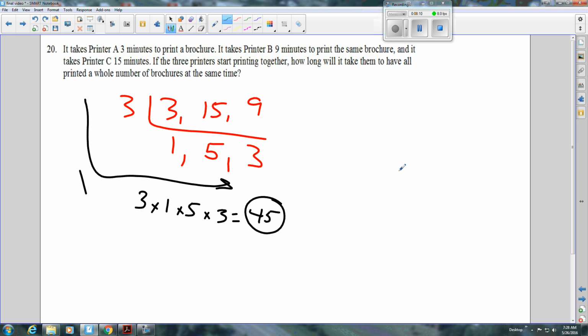It's basically looking for the least common multiple of 3 numbers. So you have 3, 15, and 9. I put the 3 on the outside. 3 goes into 3 once, 3 goes into 15 5 times, 3 goes into 9 3 times. So the least common multiple would be 3 times 1, which is 3, times 5 is 15, times 3 is 45, and that's our least common multiple.